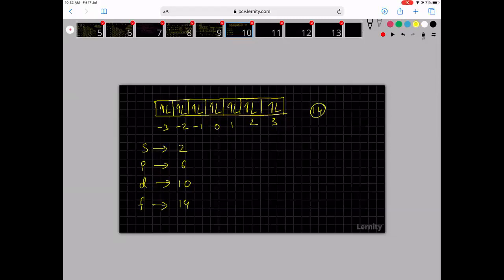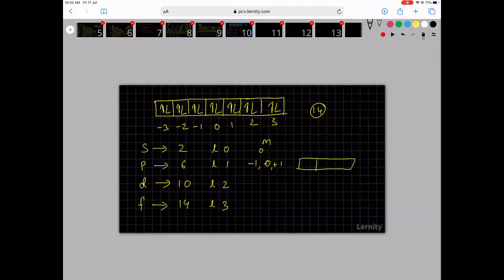Okay, is this clear? P comes with an L value of 1, d comes with an L value of 2, f comes with an L value of 3, and s comes with an L value of 0. So the possible M value for s is only 0. For p, it is -1, 0, +1, so 3.